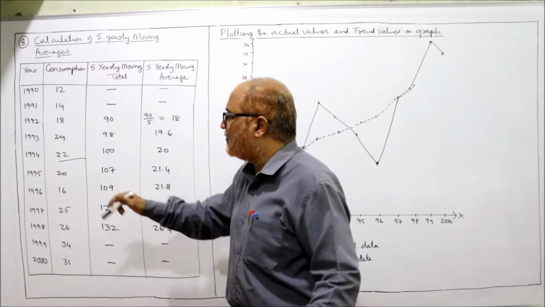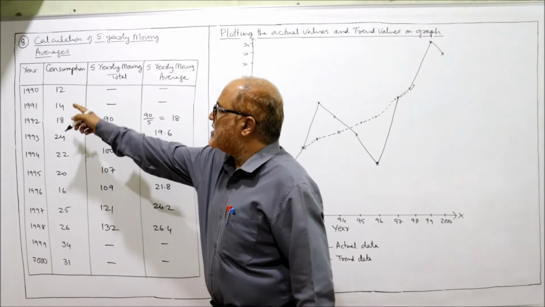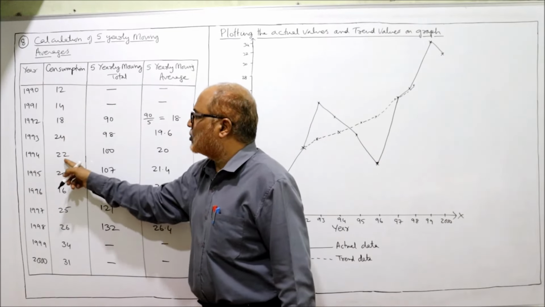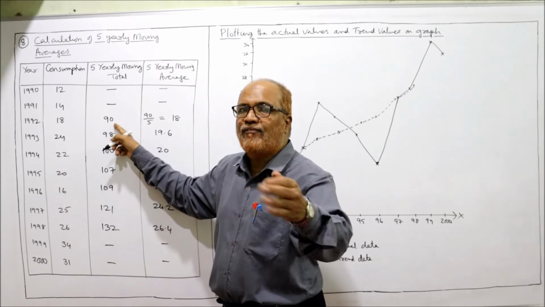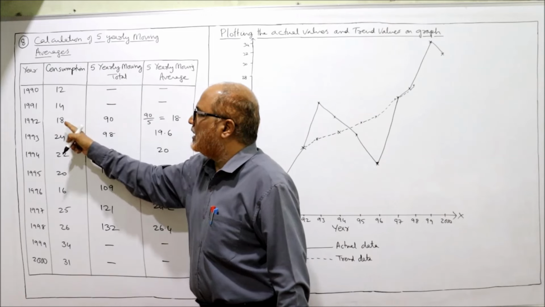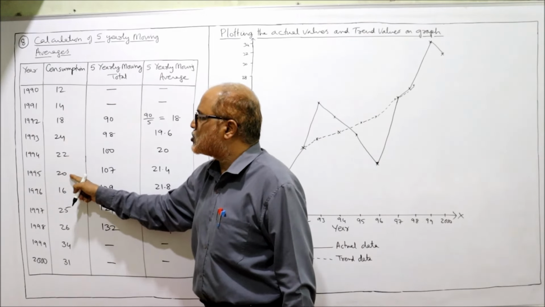Otherwise, if you are not comfortable with this, you make the 5 year total. That means first 5 years, 1, 2, 3, 4, 5, up to 22, you have taken the total 90. Leave the first and then again add the 20. 14 plus 18 plus 24 plus 22 plus 20.